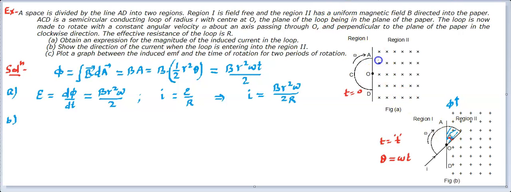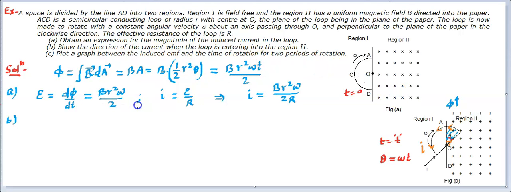In what sense does the current have to run? Current must be running in this manner. If you run current in this manner, then you'll find the induced flux will be outwards, opposing the cause which has created it. So this will be the direction of induced current. That's how we can find the direction.